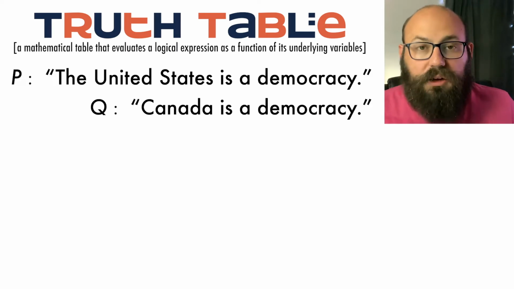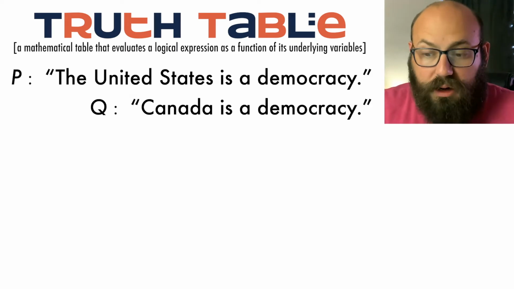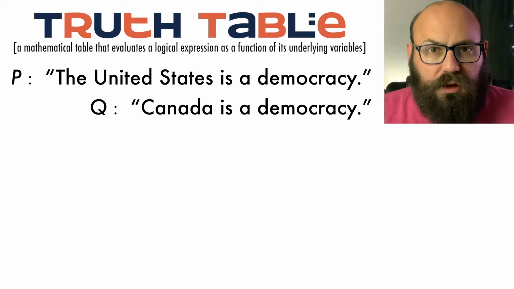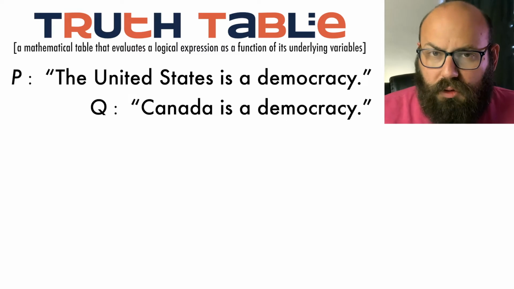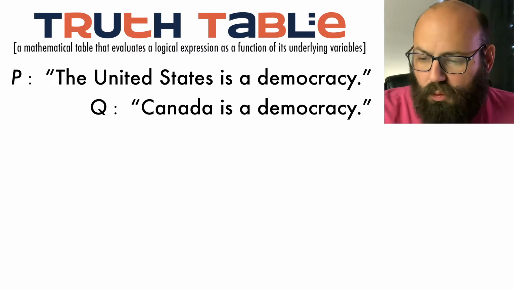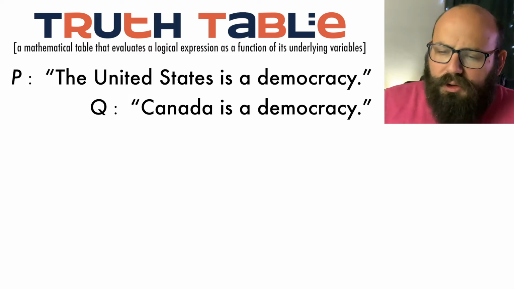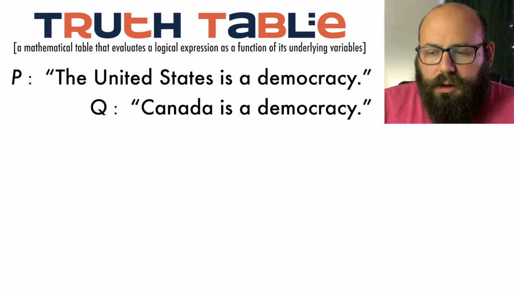In both cases a country is labeled a democracy if their polity score is 7 or greater, which in the world we live in right now is true for both of them. Great. So now I've got two statements, P and Q.